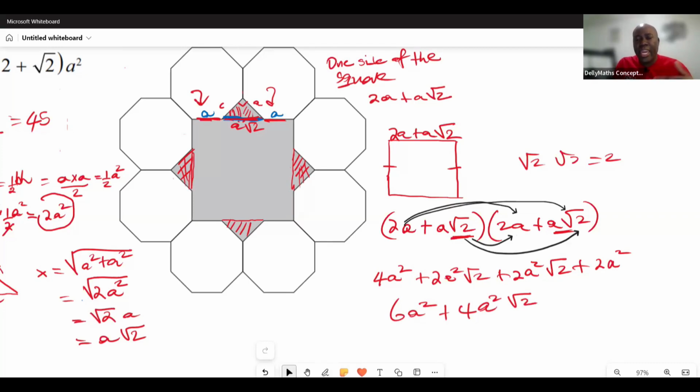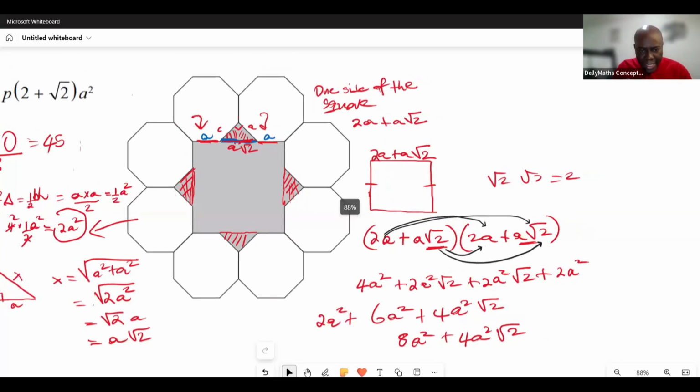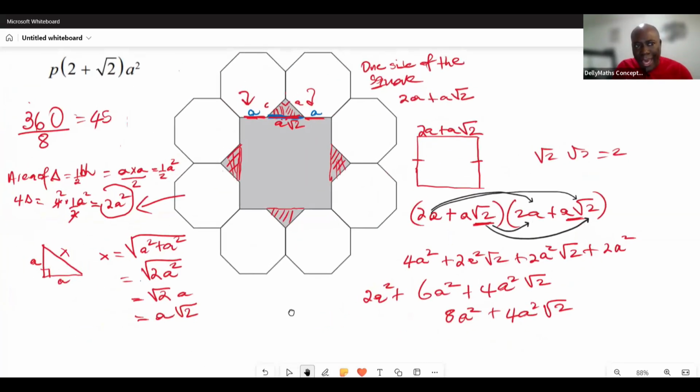Now I need to add the area of the triangles. That was already right here, it was actually 2A squared. So let's add these together. When I add those together, I'm going to have 8A squared plus 4A squared square root of 2. So basically, that's what I have.